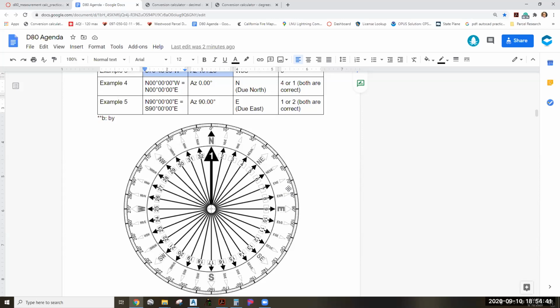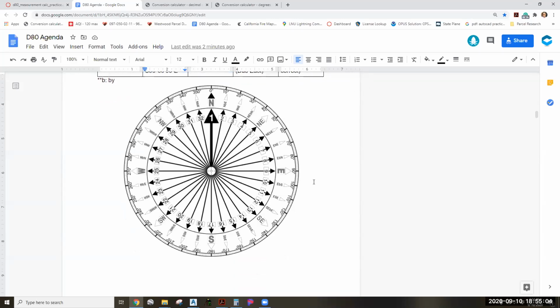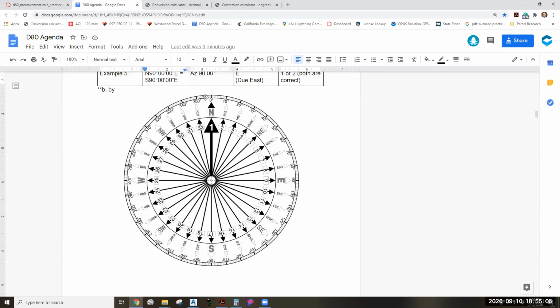I think of it as east, but a little bit north, okay? West, but going a little bit north, okay? Here I'm closer to north, but a little to the west. So that's how I think of it, right? But you don't have to memorize it. So that's a compass. Here on this compass, you can see azimuth all the way around, okay?